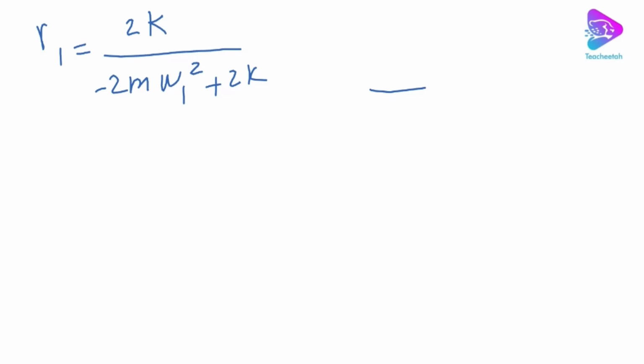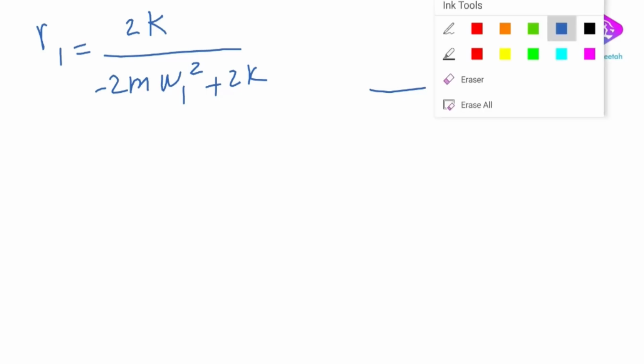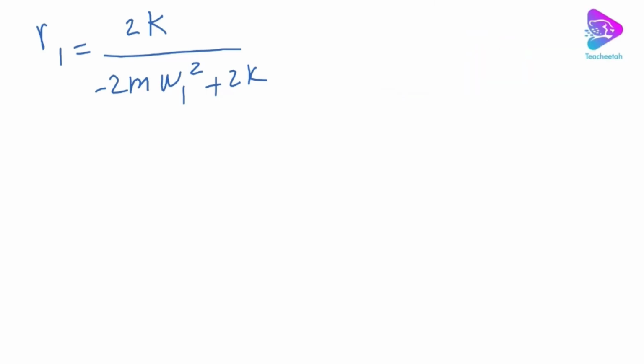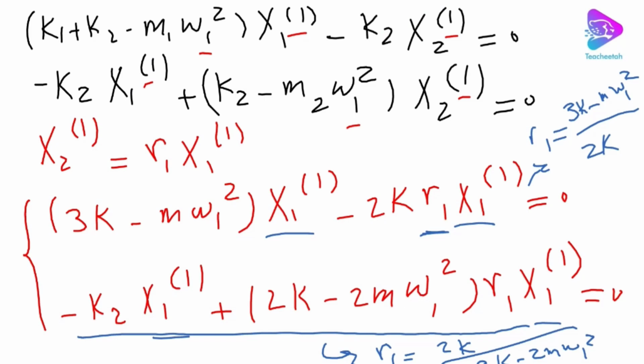So in fact, for R2 we can basically use the whole equation when we have the second mode shape. So why don't we just do that? We can simply go back to our equation of motion, and instead of using the first mode, we can use the second mode. So let's do that and see what happens.